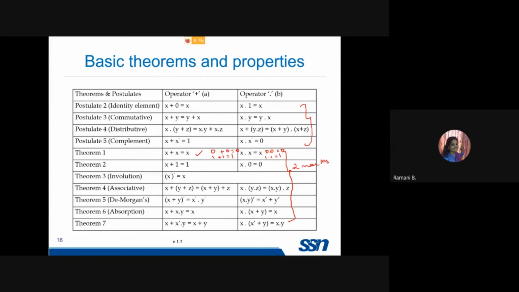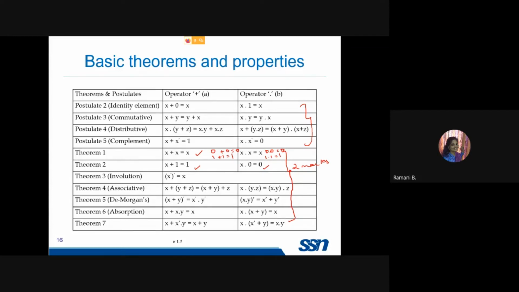And then x plus 1 is equal to 1 and x dot 0 equal to 0. Any element, if you are going to do the plus operator with respect to 1, the resultant will be 1 irrespective of what you have with the element.